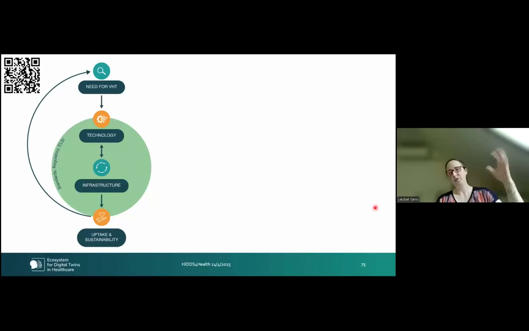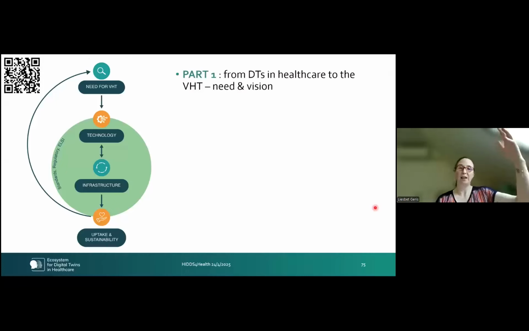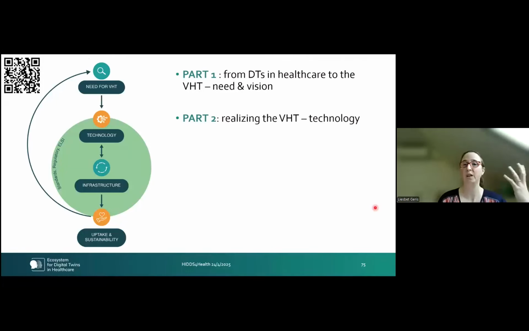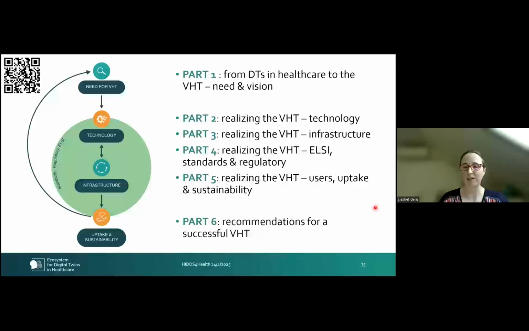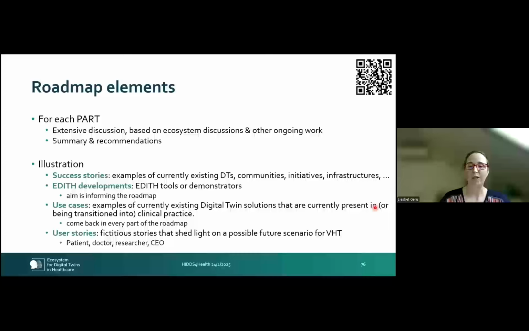In order to make this whole roadmap readable, we started, as I explained today, from the need for the VHT, describing the technology, the infrastructure, the ELSI, standards and regulatory aspects, the users, the uptake, and the sustainability. And then we end with recommendations for a successful VHT.